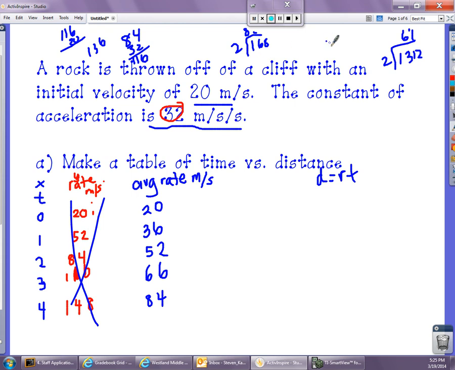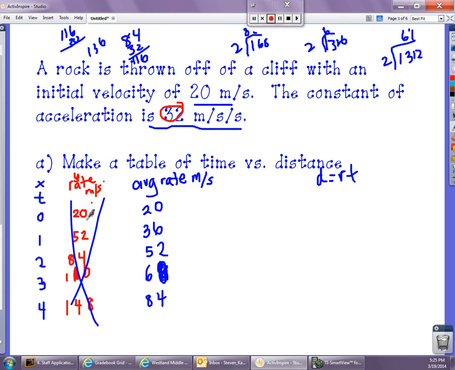And 136, you can see I put 132. 136 divided by 2 is 68, not 66. Because I knew that it was supposed to be linear. Now it goes plus 16, and then again, plus 16, except it looks like I made another mistake. I'm sorry, 68. So yes, it does go plus 16. That's a 68 right there.